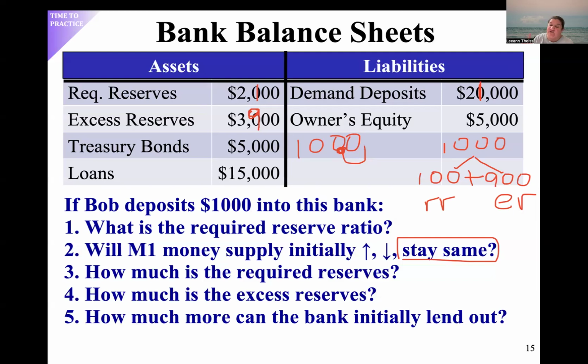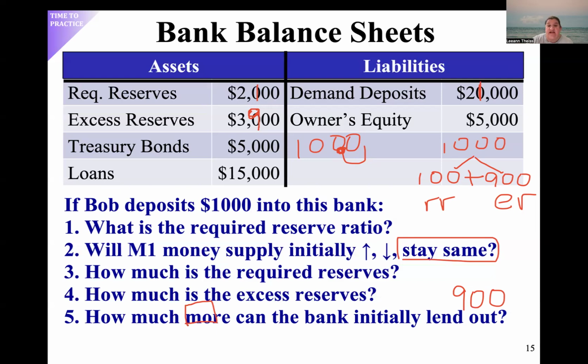They're not asking us how much in total can the bank lend out. They're asking us how much more can the bank lend out? So how much did we add into excess reserves? Well, we added another $900 into excess reserves. So that means the bank has $900 more that it can lend out. So the answer to number 5 is $900.